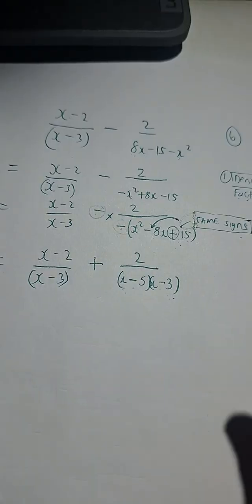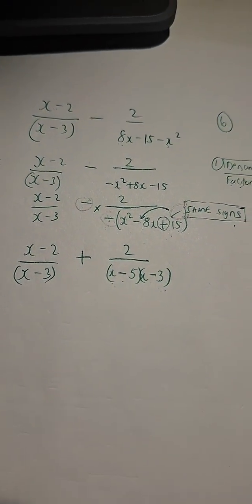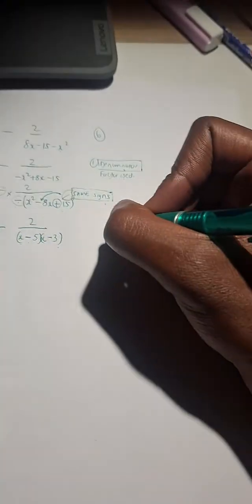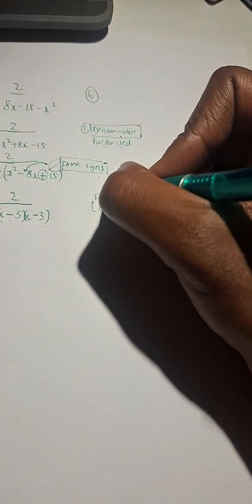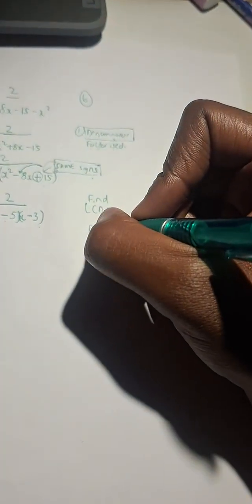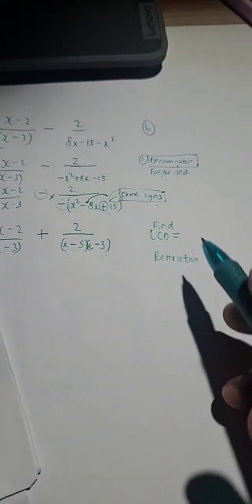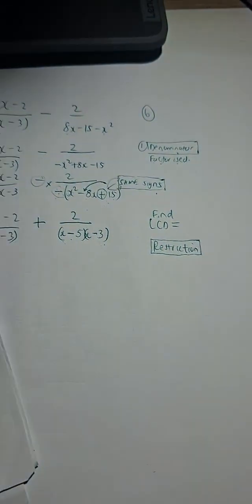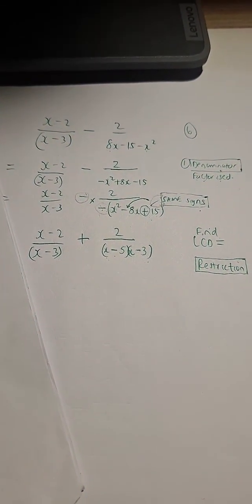There's no other factorization in the denominator that can or should take place. What is the next step after the denominator has been factorized? The next step is we need to find the LCD, and after that we need to write down our restrictions. Okay, our restrictions. So let's first start with the LCD. What is the LCD?